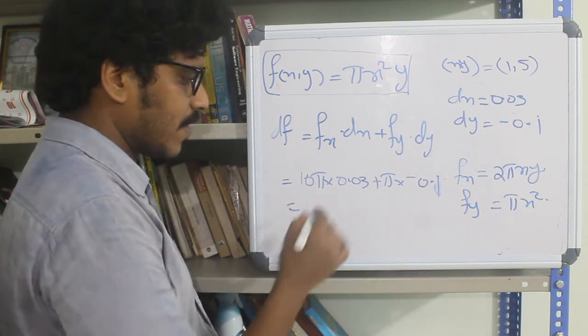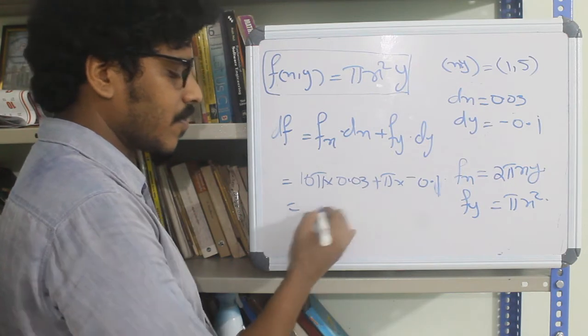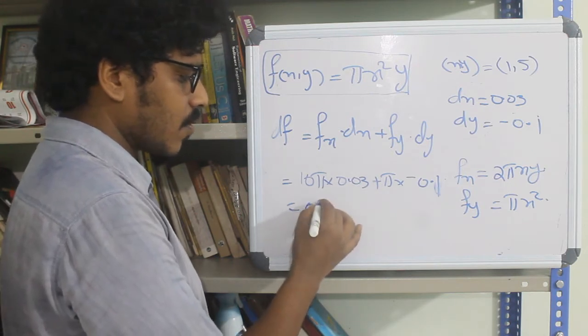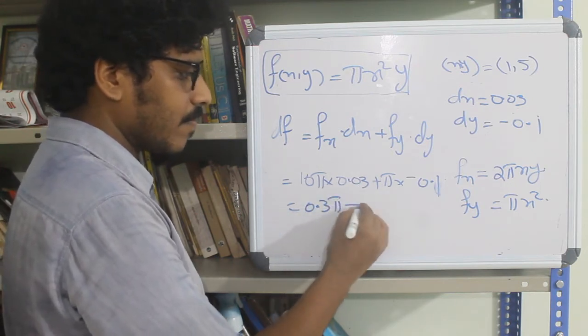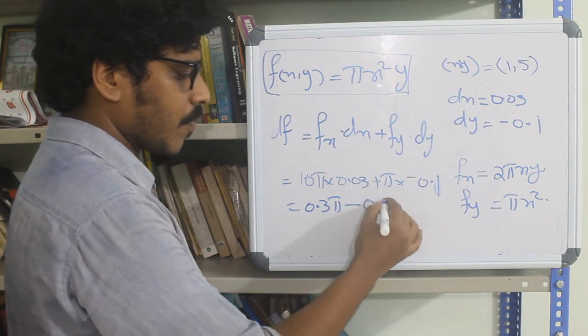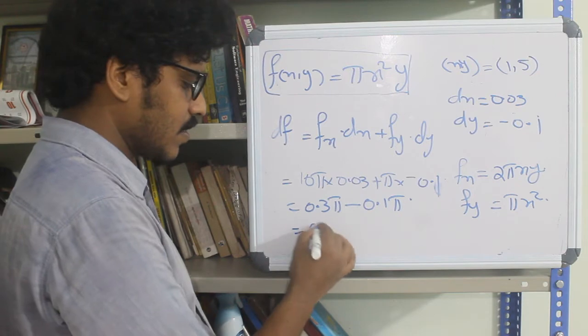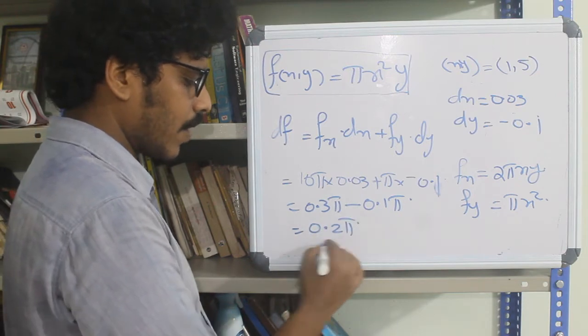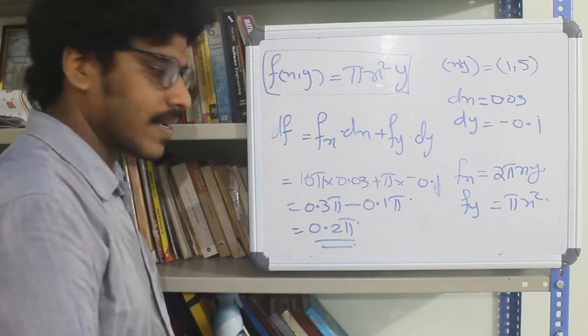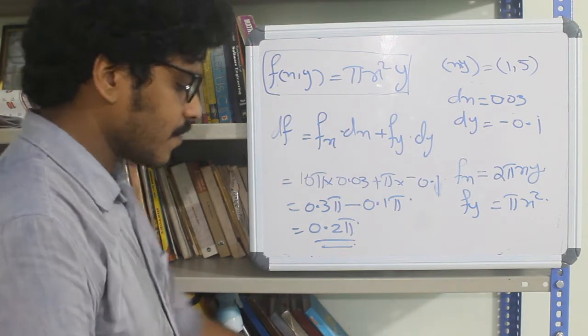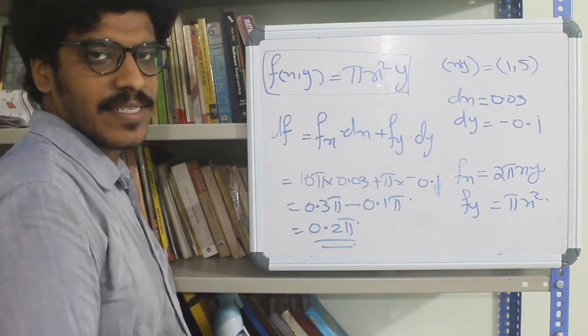So simplifying, 10 into 0.03 is 0.3 pi minus 0.1 pi, which is 0.2 pi. Right. So we got the value of absolute change.